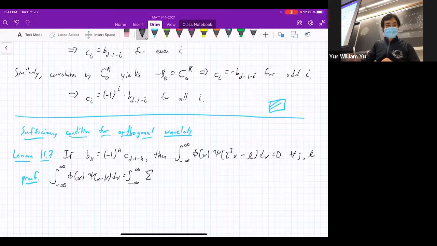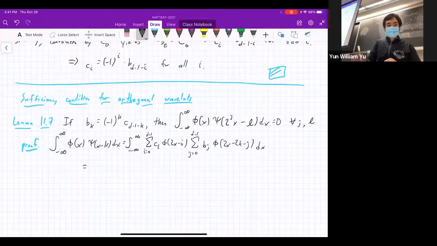We do the same thing. This is the sum from i equals 0 to D minus 1 of c_i phi(2x - i), times the sum from j equals 0 to D minus 1 of b_j phi(2x - 2k - j), dx.